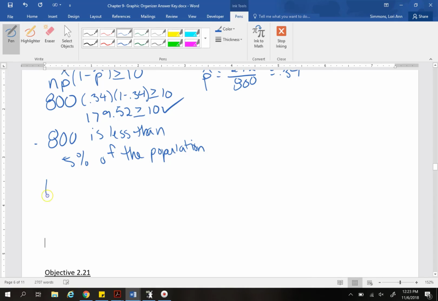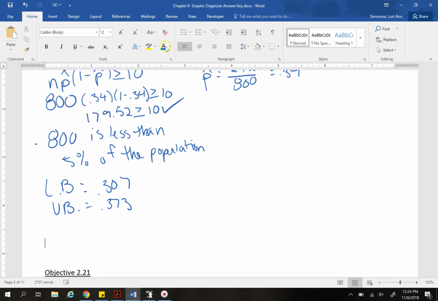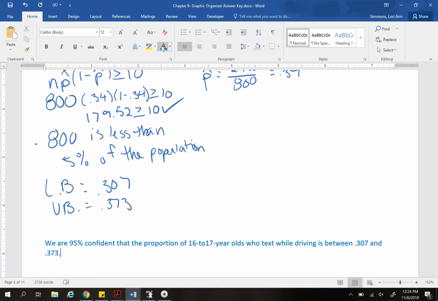So lower bound, I'm just going to denote as LB, was 0.307. Upper bound was 0.373. So to put this into words, we can say we are 95% confident that the proportion of 16 to 17-year-olds who text while driving is between 0.307 and 0.373.